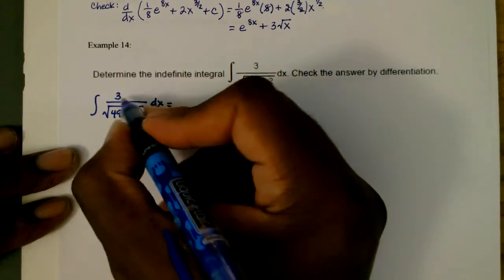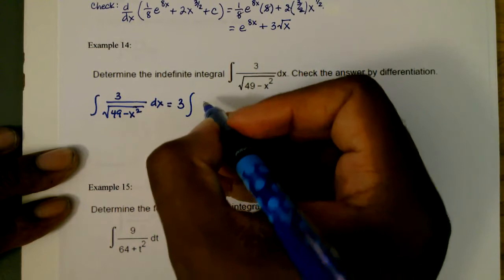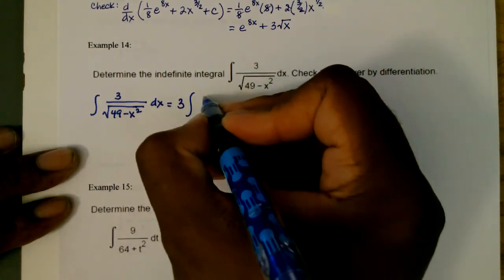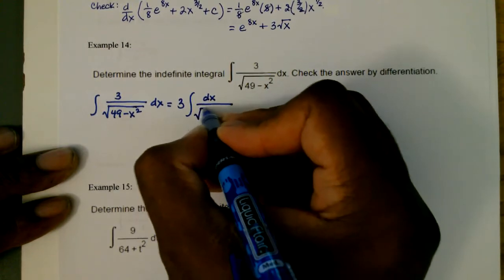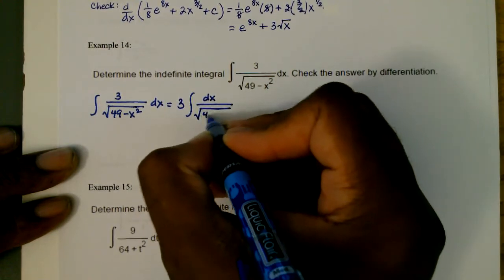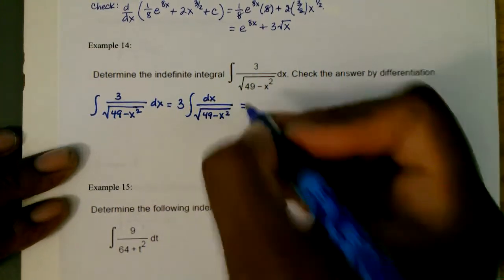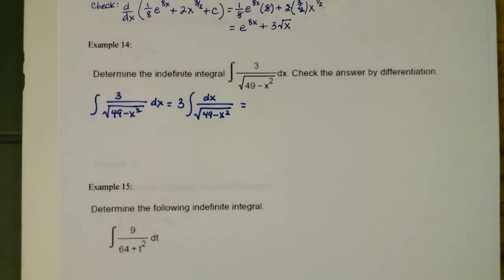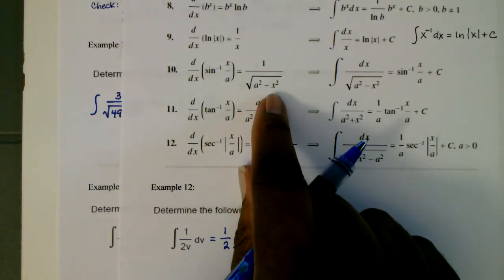All right, so the 3 is a constant. I can pull the constant out. Using that constant multiple rule, it will be 3 times the integral of, and I'll pull the dx in the numerator, divided by the square root of 49 minus x squared. There is an integral for that. And it follows this format, where a is a constant and then minus the x squared.